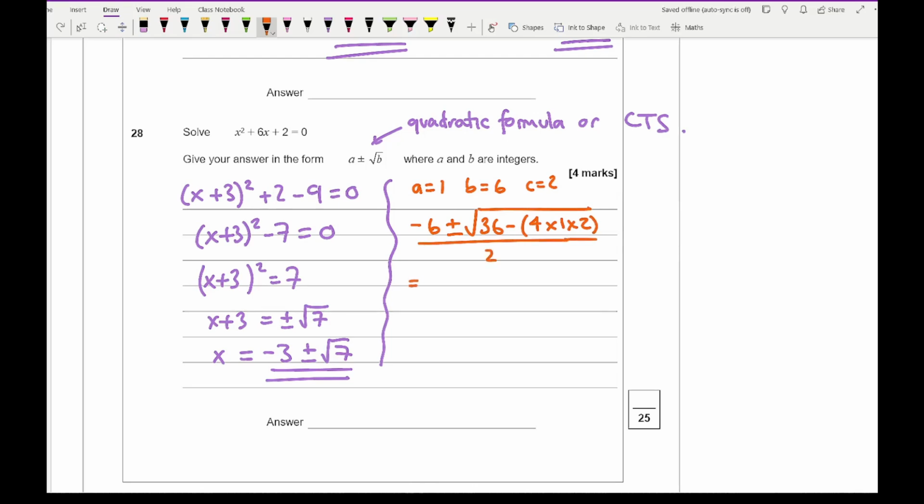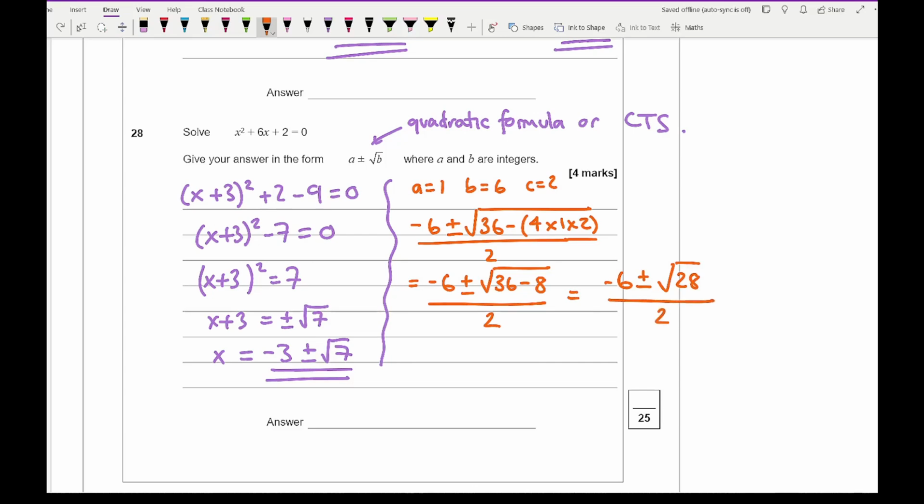So then working this out, I get minus 6 plus or minus the square root of 36 minus 8, and that's all divided by 2. Then simplifying that further, I get minus 6 plus or minus the square root of 28, divided by 2.